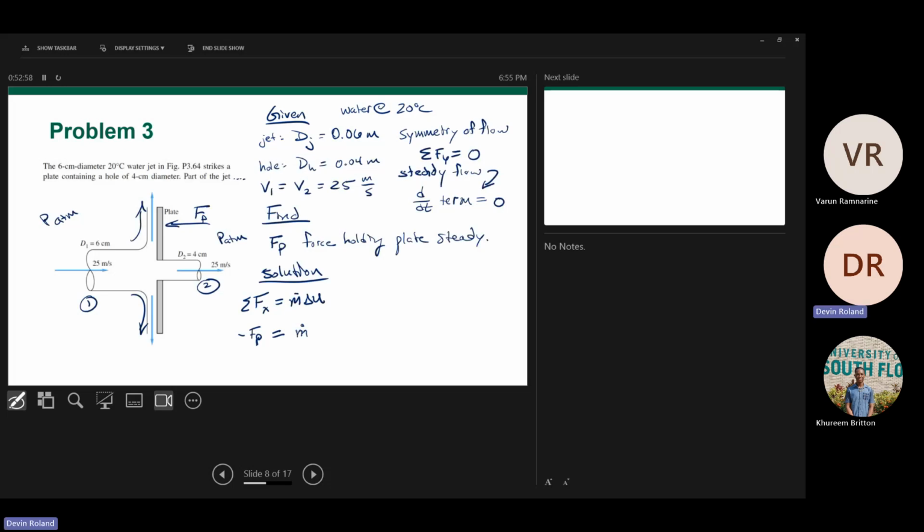Now the weird thing here is that you can't assume m dot's the same. Even though it says the water jet, we can still assume that the left side is atmosphere. The reason for that is that there's nothing containing it.